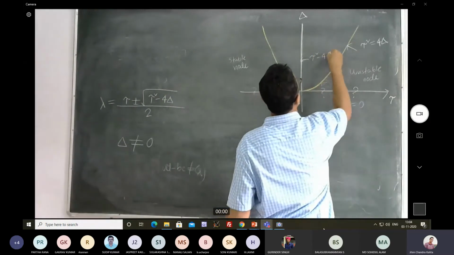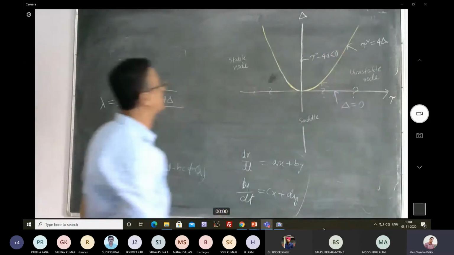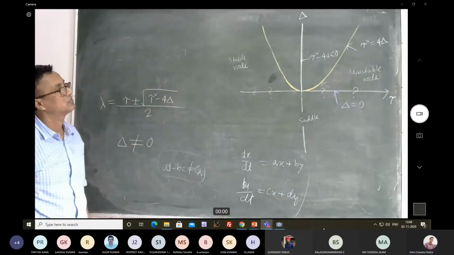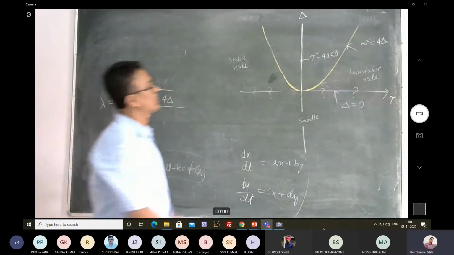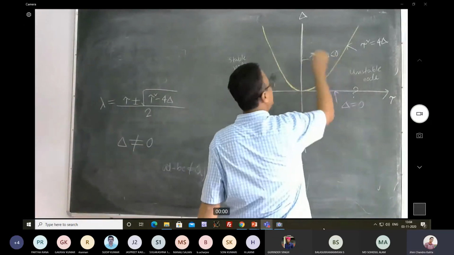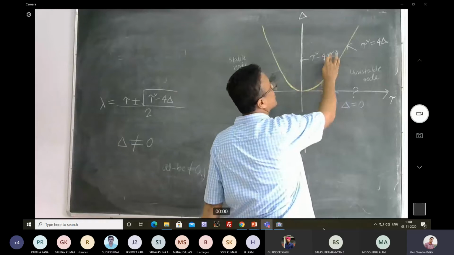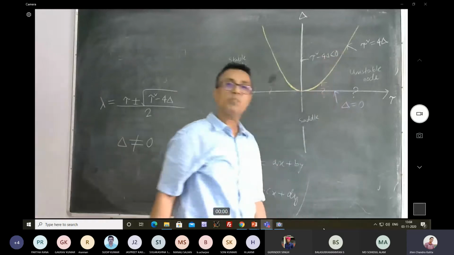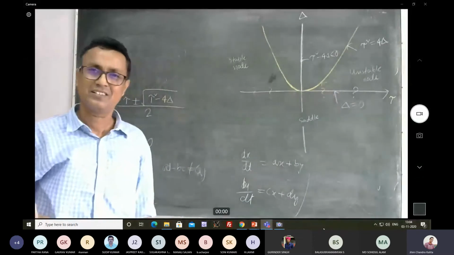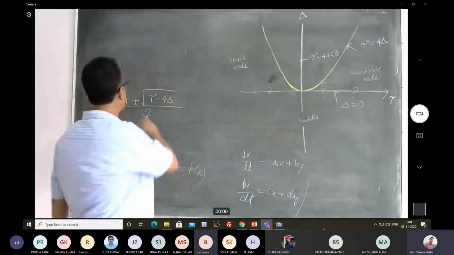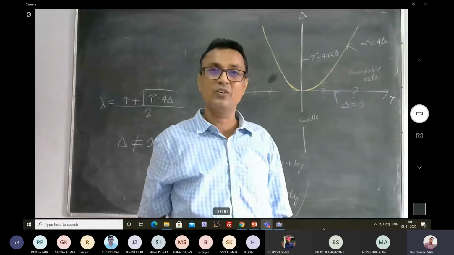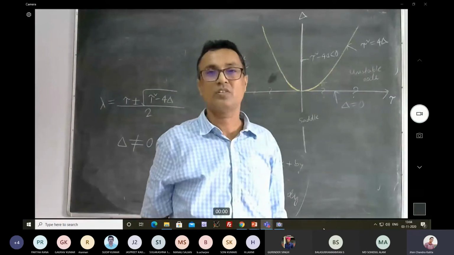Tau square minus 4 delta less than 0 means complex roots, right? And tau equal to 0 means purely imaginary roots.